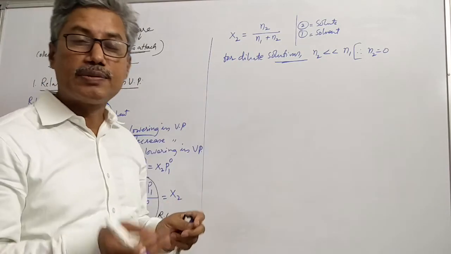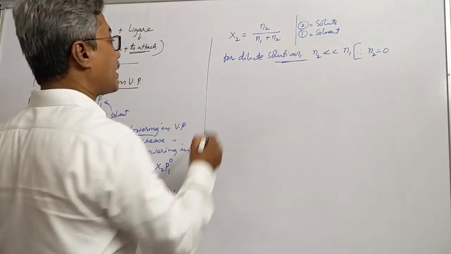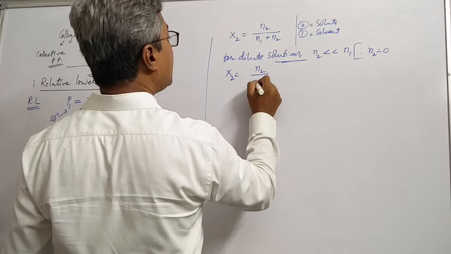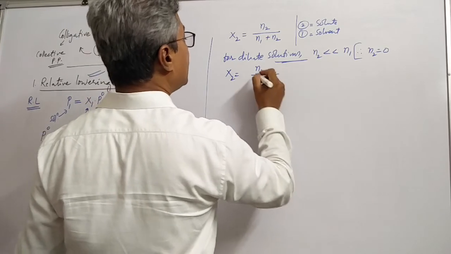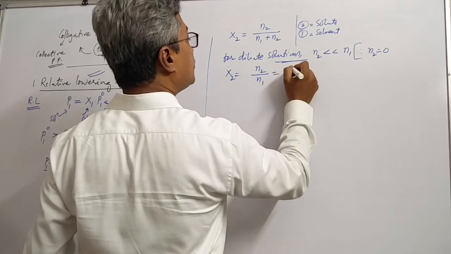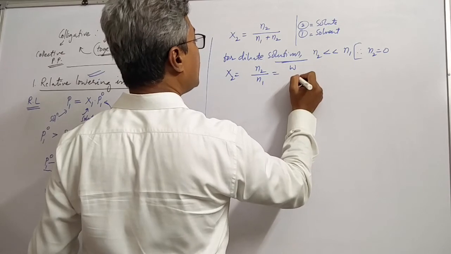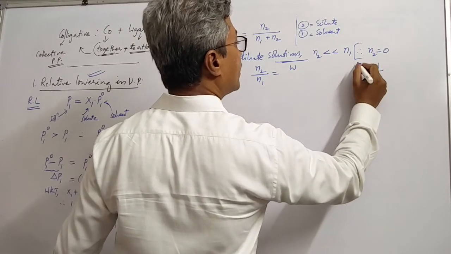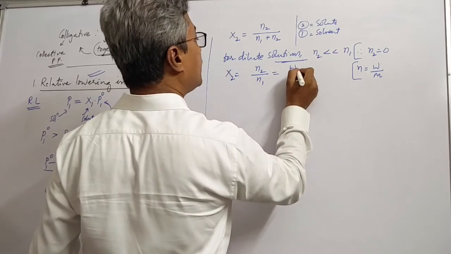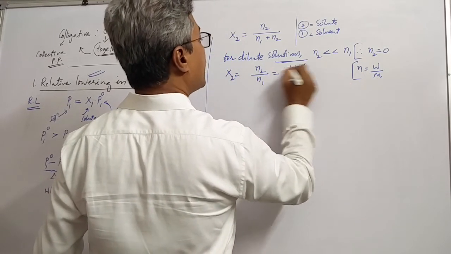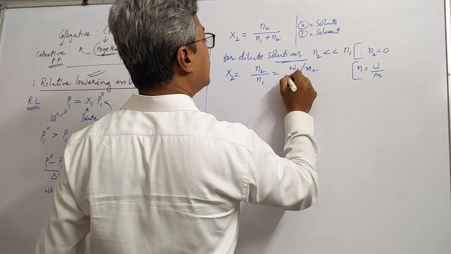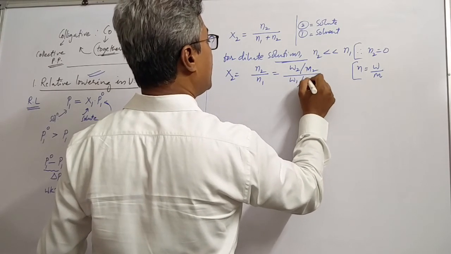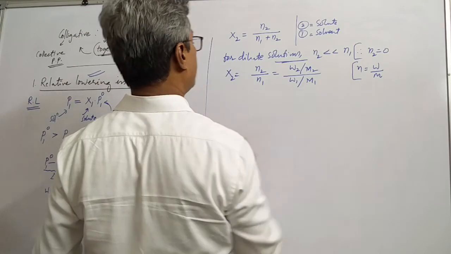Assuming that N2 is very much less than N1, then what we can prove? X2 will be equal to N2 by N1. And N2 is number of moles. We know that number of moles is equal to weight divided by molecular weight. Clear, students? That means N2 is W2 divided by molecular weight of 2, divided by W1 divided by molecular weight of 1.